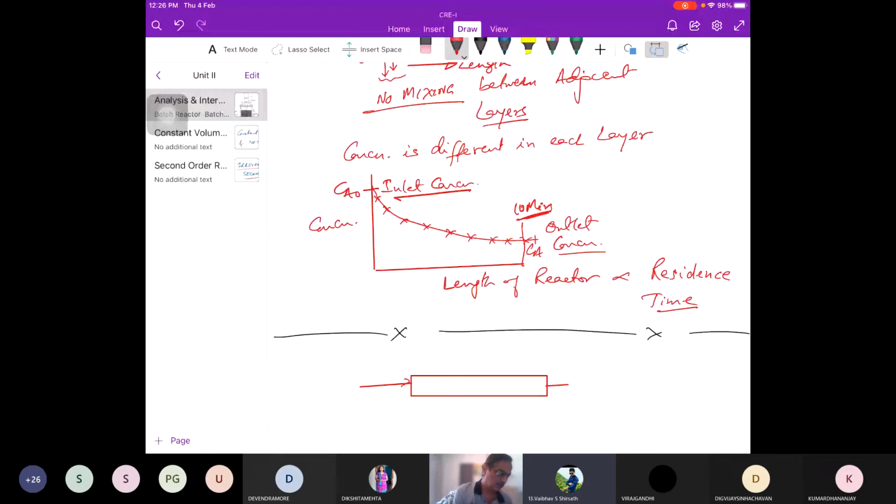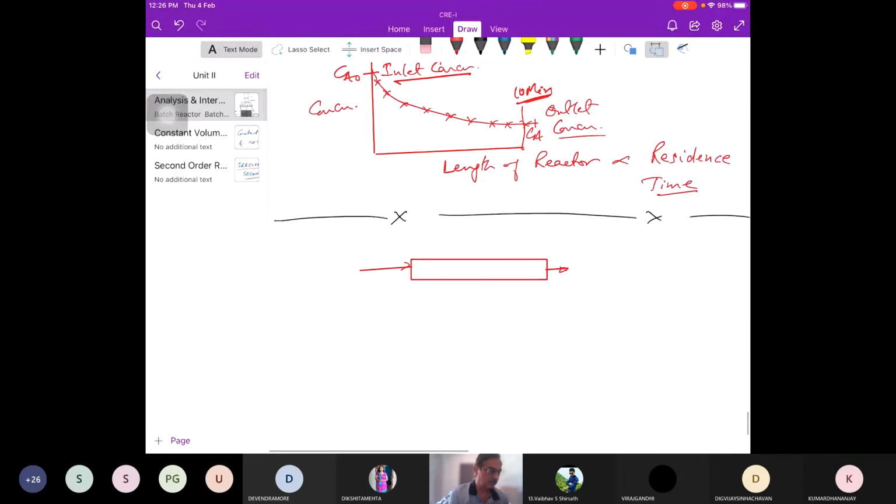ठीक है? In this case, आपने फ्लूइड मैकेनिक्स में क्या पढ़ा है? कुछ पढ़ा होगा ना? फ्लो कैसे होता है, बाउंड्री लेयर क्या होता है, क्या नहीं होता है, बताओ ना, याद है किसी को? फ्लूइड मैकेनिक्स. हाँ सर, वो लैमिनार टर्बुलेंट। लैमिनार टर्बुलेंट होता है, राइट? तो उसमें क्या होता है?